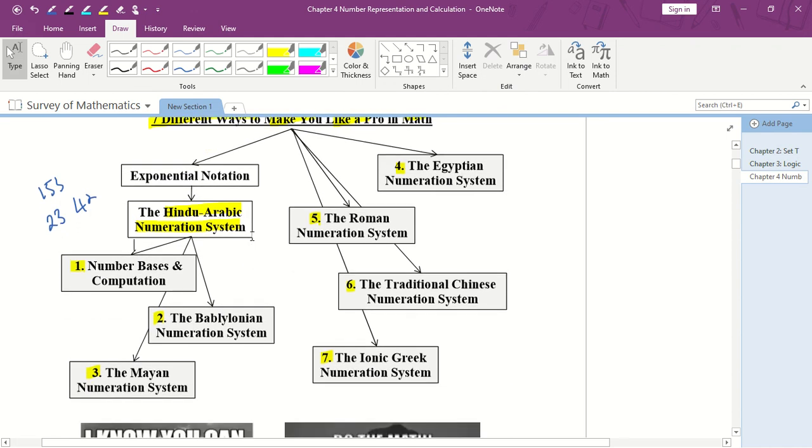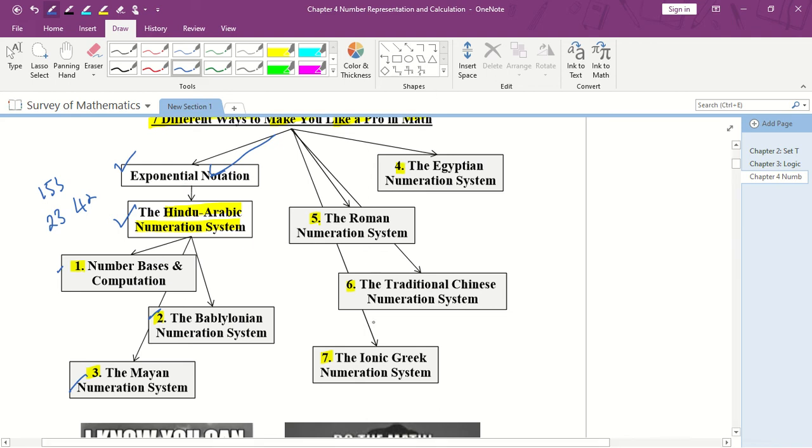When you look at this table of contents, you realize that I connect exponential notation and Hindu-Arabic numeration to items 1, 2, and 3, while 4, 5, 6, and 7 are independent. This means that items 1, 2, and 3 require your knowledge of exponential notation and the Hindu-Arabic numeration system, which we need to learn first.